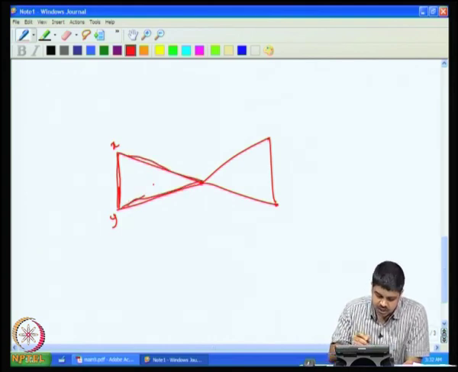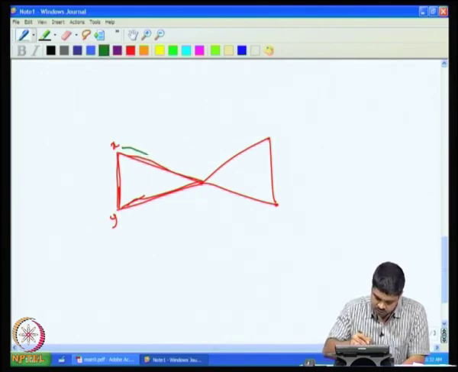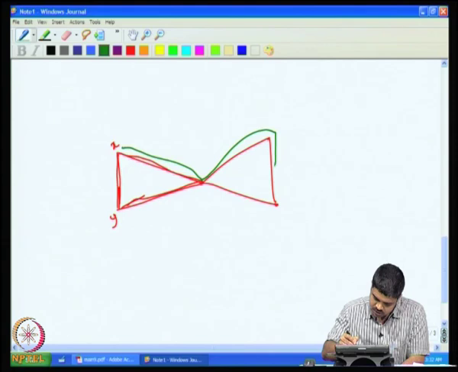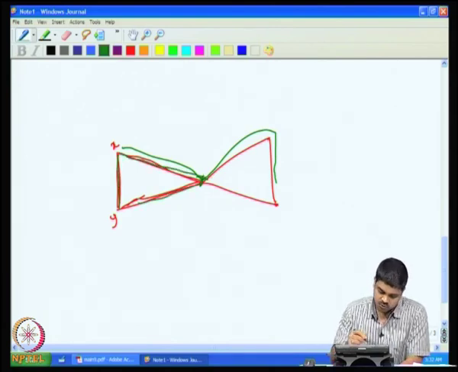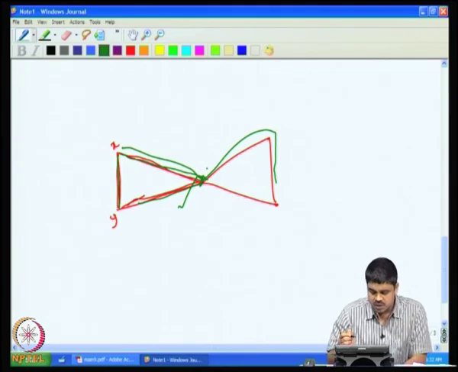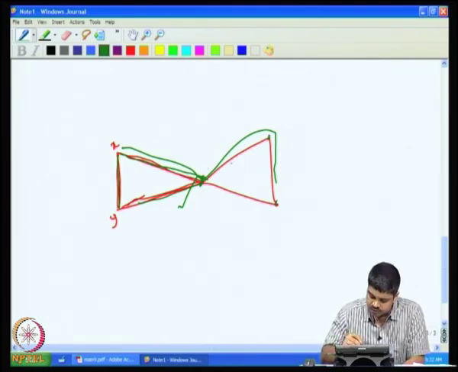Any other path I try to take, for instance if I try to use this, I will have to go via this, and I have already used this one. So, they will not be internally vertex disjoint. I cannot add anything more. These are the only two. Like that, between this pair also I have two internally vertex disjoint paths.